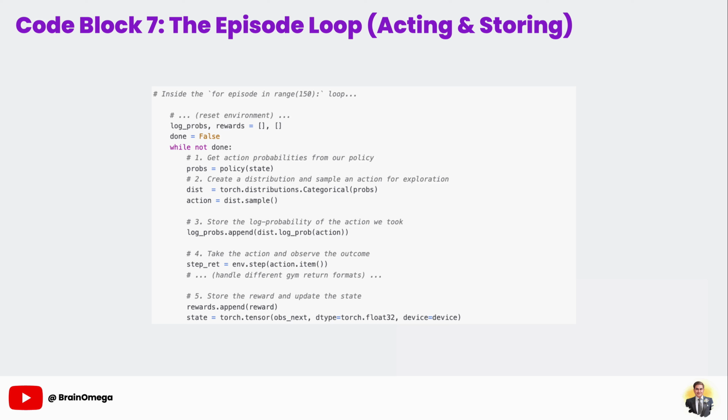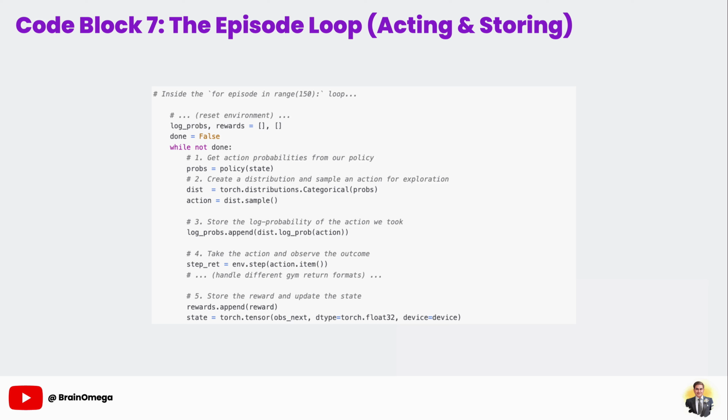This is a key concept in policy-based reinforcement learning. Instead of always choosing the action with the highest probability, which would be exploiting its current knowledge, sampling allows the agent to explore by occasionally trying out less likely actions. This is how it discovers new and better strategies.